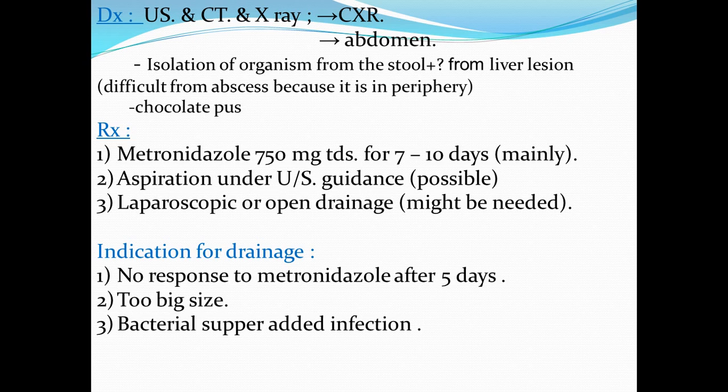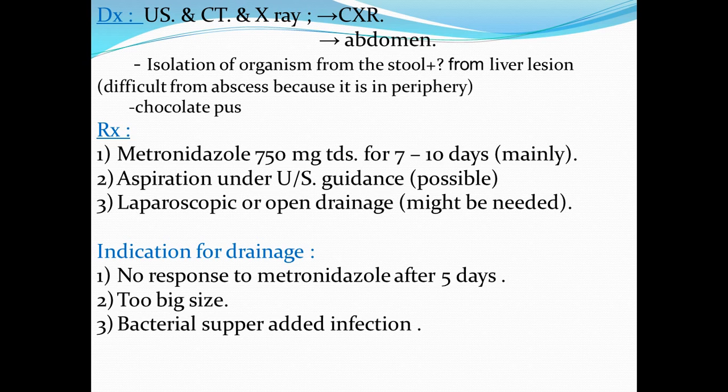Isolation of organism from the stool is beneficial to detect Entamoeba histolytica, and questionable from liver lesion, because difficult from abscess, because it is in the periphery, not in the content, not in the chocolate pus.